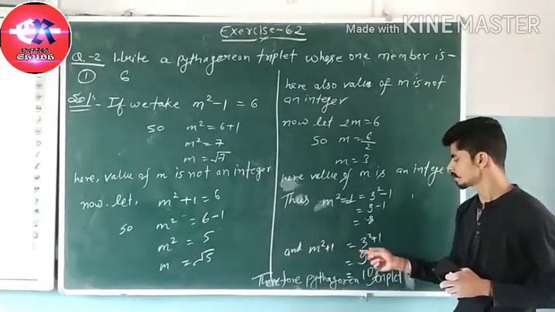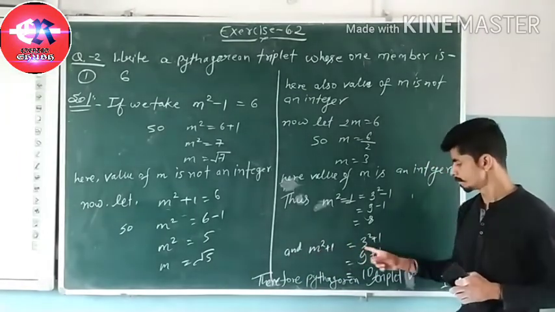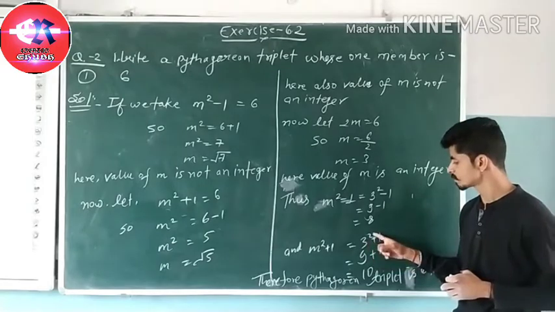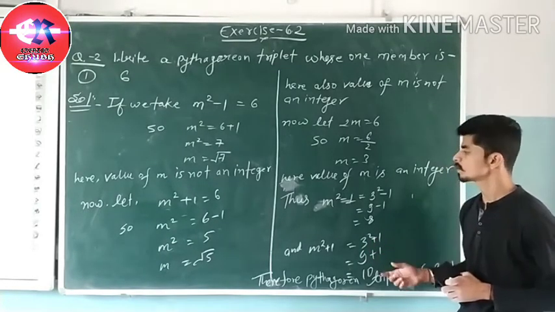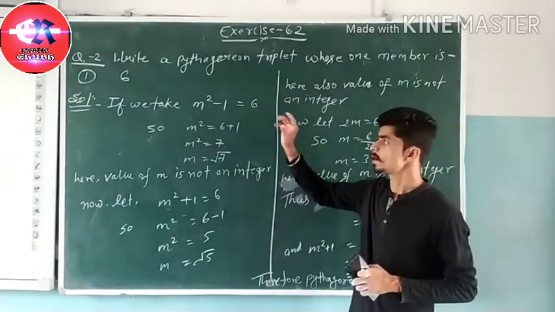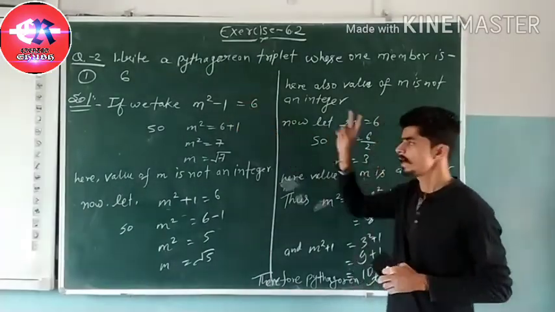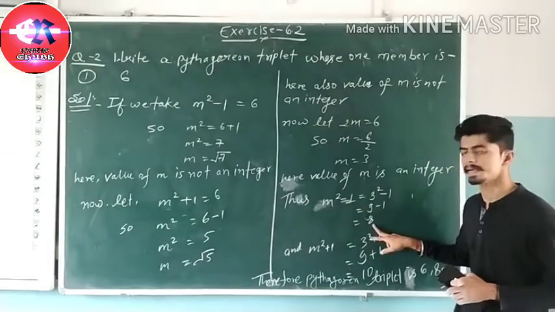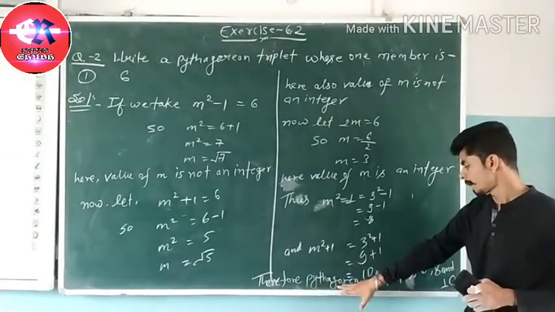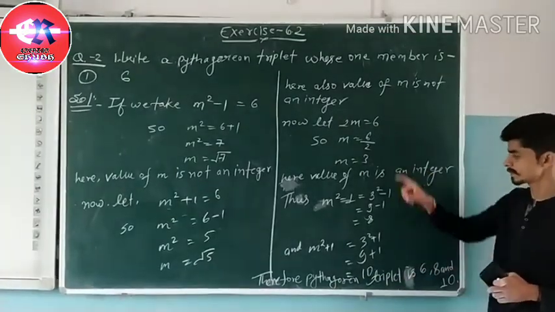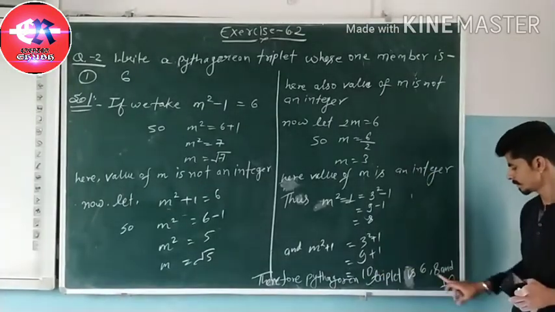Similarly m square plus 1 is 3 square plus 1, we get 9 plus 1 which is 10. So one member is already given in the question which is 6, and the two members we found are 8 and 10. Therefore the Pythagorean triplet is 6, 8 and 10.